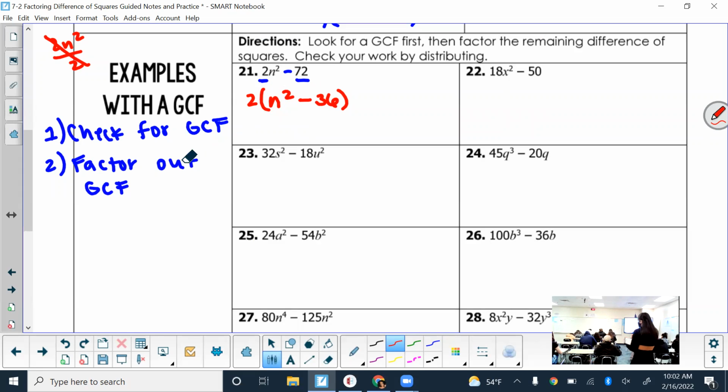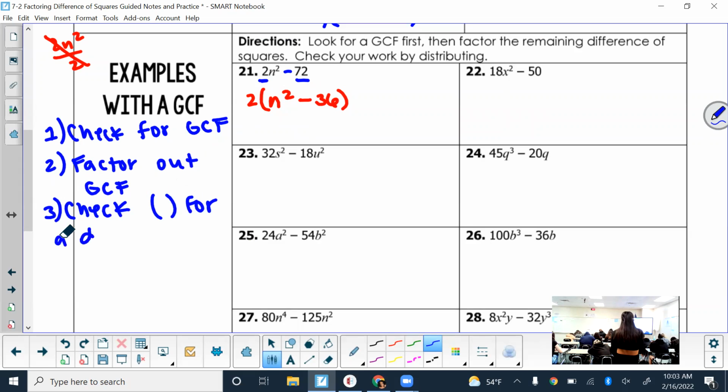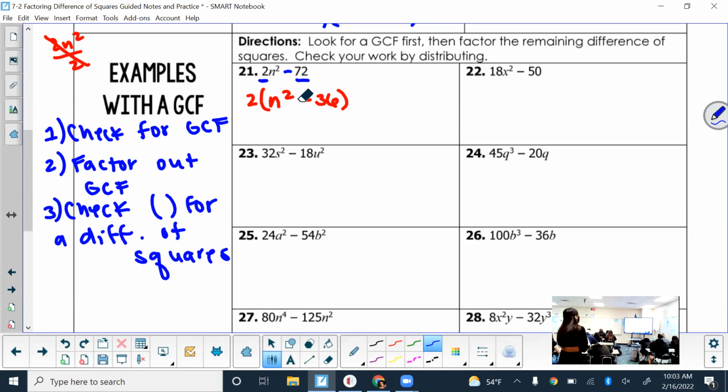All right, step 3 will be to check your parentheses. So step 3, check your parentheses for a difference of squares. So is inside the parentheses a difference of squares?